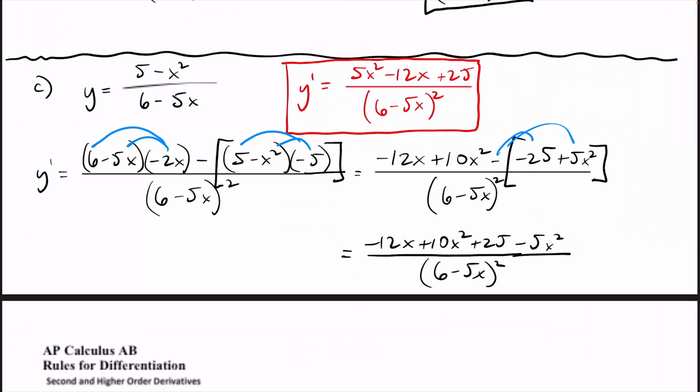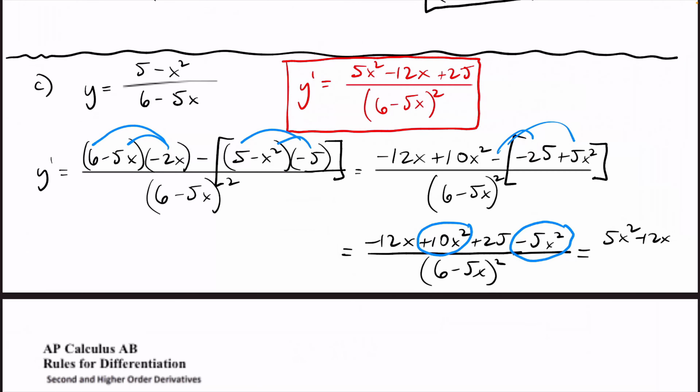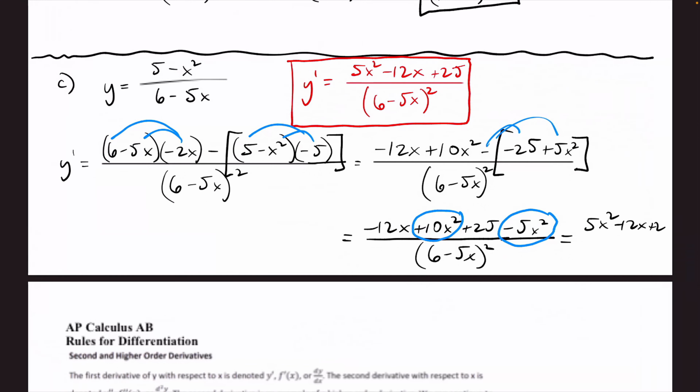Combine like terms. You get 5x squared minus 12x plus 25 over, that's as far as you need to go. That matches that. Okay.